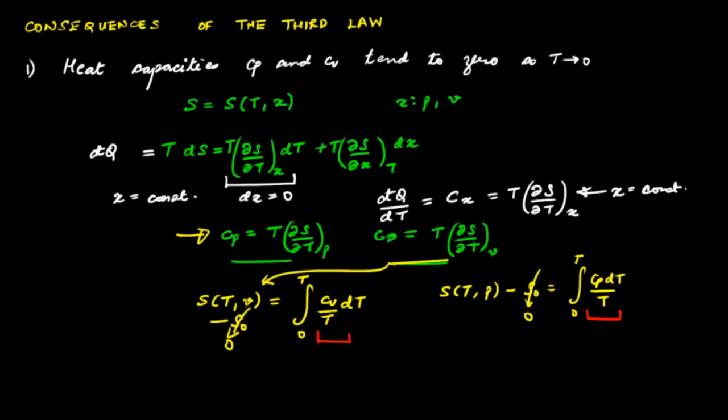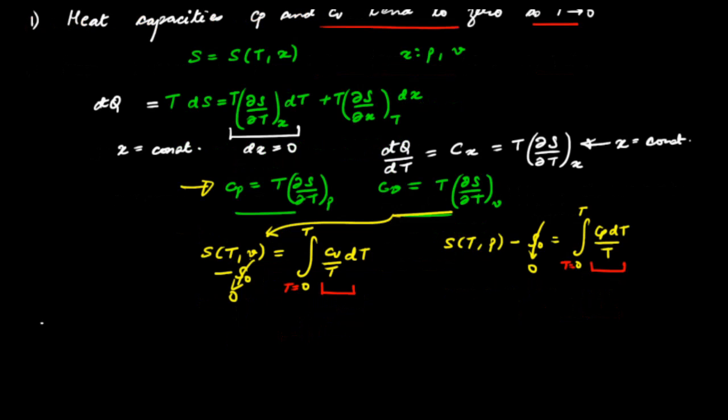Therefore, at the lower limit, that is temperature equals 0, if the heat capacities are finite, then the integral would diverge because the denominator will tend to 0 at the lower limit of absolute temperature. Therefore, we conclude that the specific heat capacities must tend to 0 as T tends to 0.